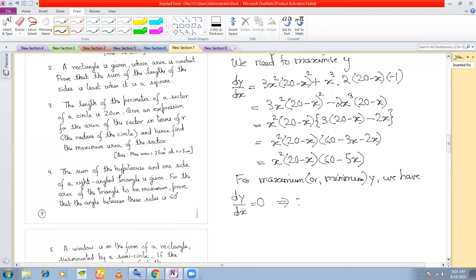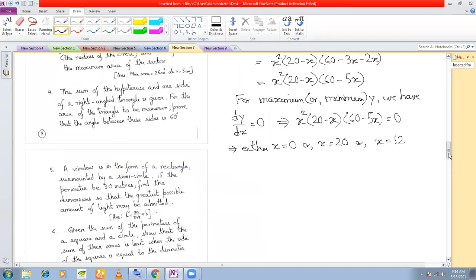That means you get x square into 20 minus x into 60 minus 5x is equal to 0. That means either you will have x is equal to 0, or x is equal to 20, or 60 minus 5x is equal to 0 will give you x is equal to 12. So these are three values that you need to check.